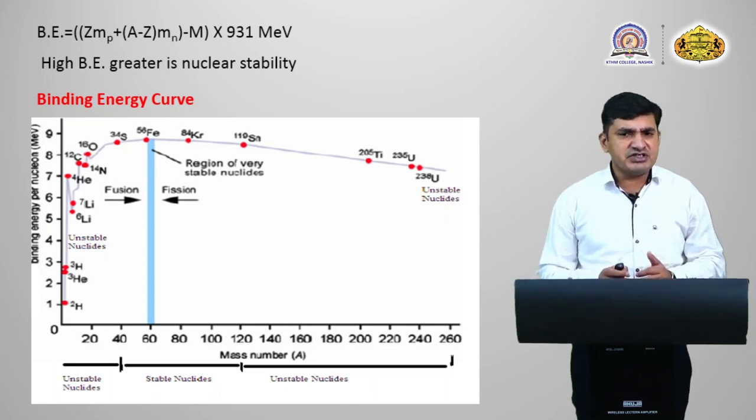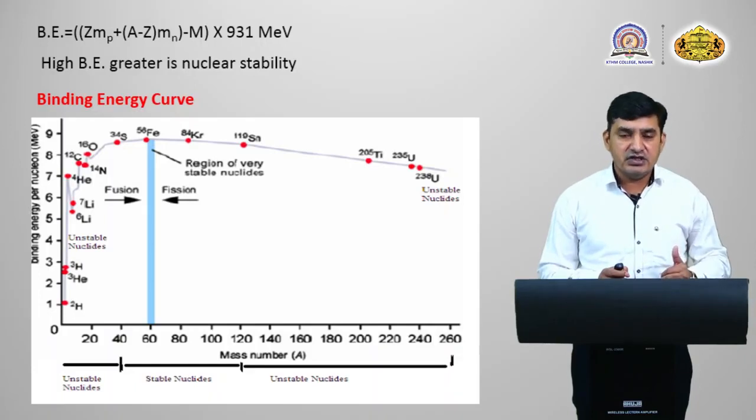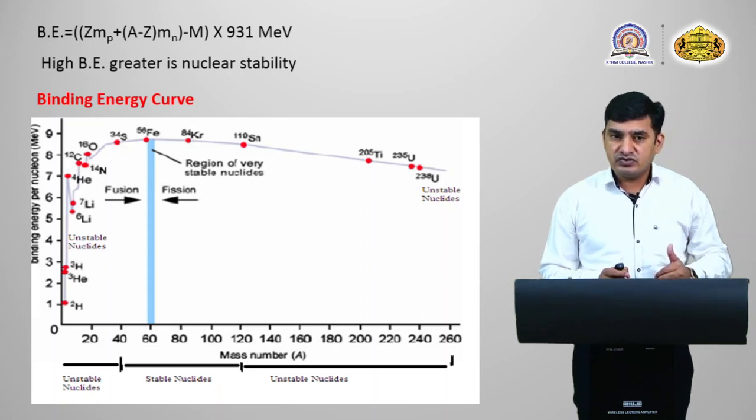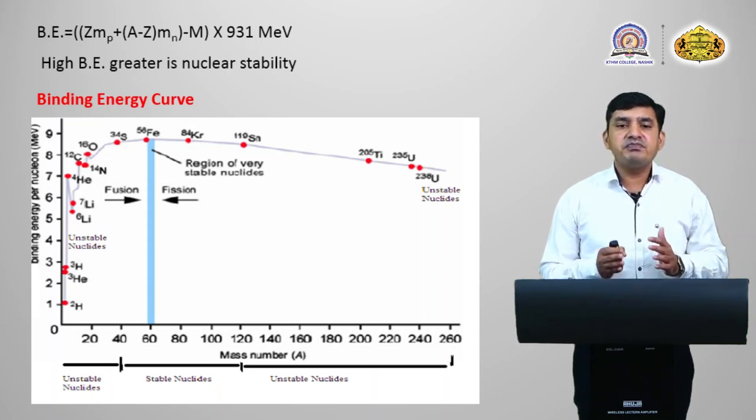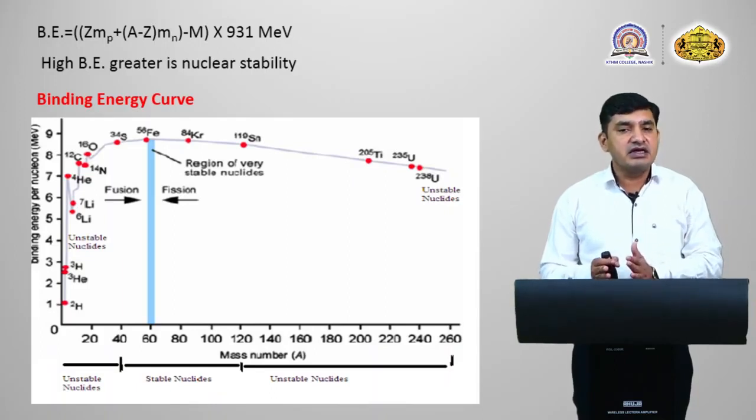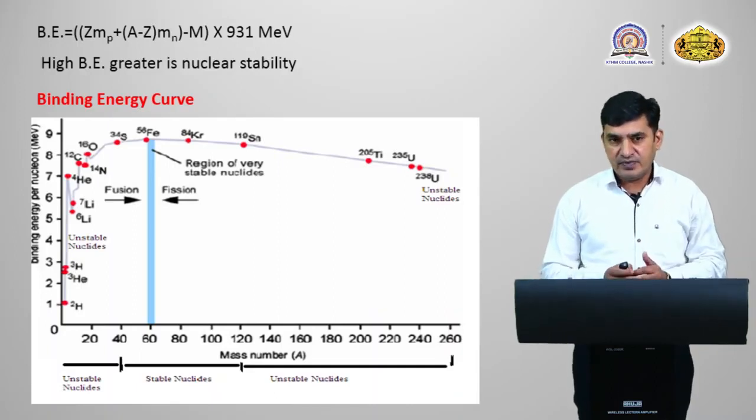So, this represents a small binding energy. When the binding energy per nucleon is small, the nuclei are unstable. So, binding energy per nucleon rapidly increases up to mass number 20.